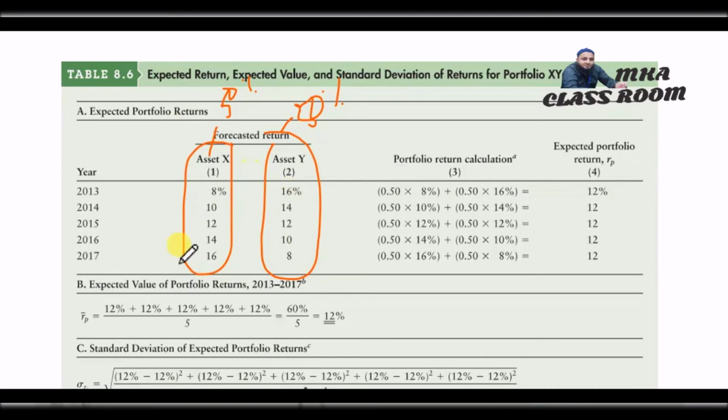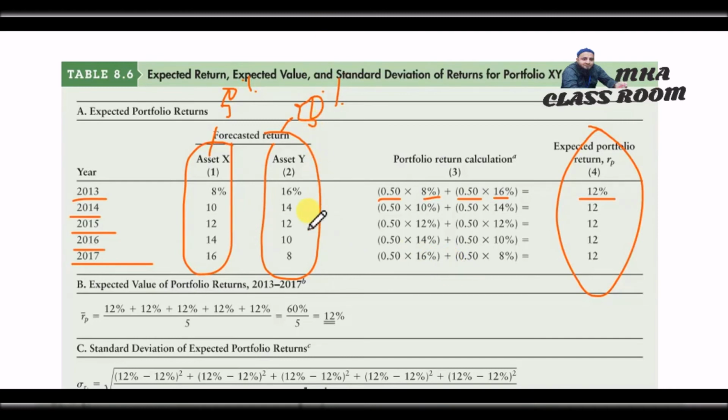In this way you find the return for 2013, and in the same way for 2014, 2015, 16 and 17. The expected portfolio return is 12%: 0.50 times 8% plus 0.50 times 16, which gives 12% for our portfolio return.